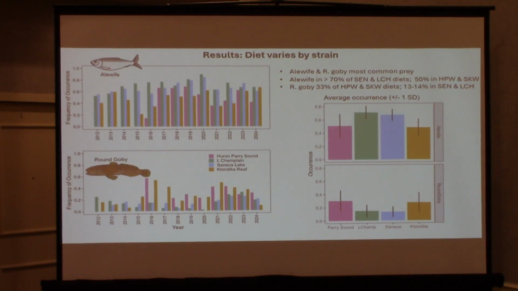If you look at round goby, it's the opposite, so lower amounts of round goby were detected in Seneca and Lake Champlain, and we expected to see more in Klondikes. That was true, but we were also surprised to see that Huron Parry Sound fish, in terms of feeding, seem to be a little bit more similar to Klondikes than to some of the lean forms.